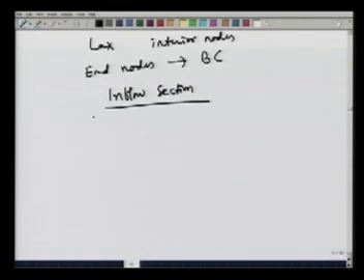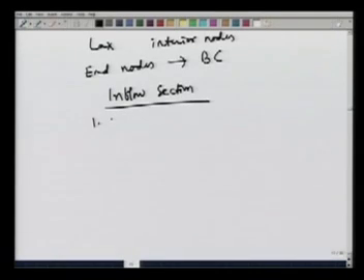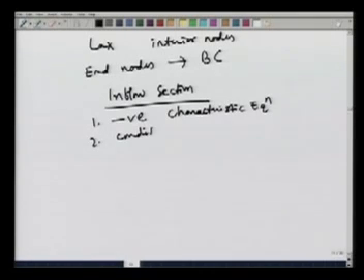At the inflow section I must use, of course we have not discussed the method of characteristics, but for the time being just take it for granted that there is something called method of characteristics, and in method of characteristics we get one negative characteristic equation. So for the inflow section one should use the negative characteristic equation, and the condition from the problem statement.